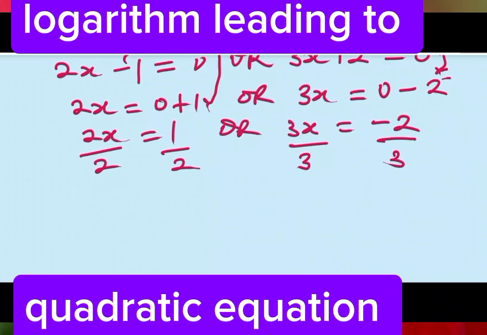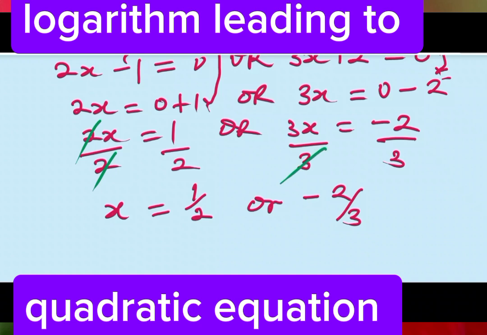So I will have x equals half, or minus 2 over 3. We cancel this and this. So x equals 1 over 2 or minus 2 over 3. We are done. Thank you.